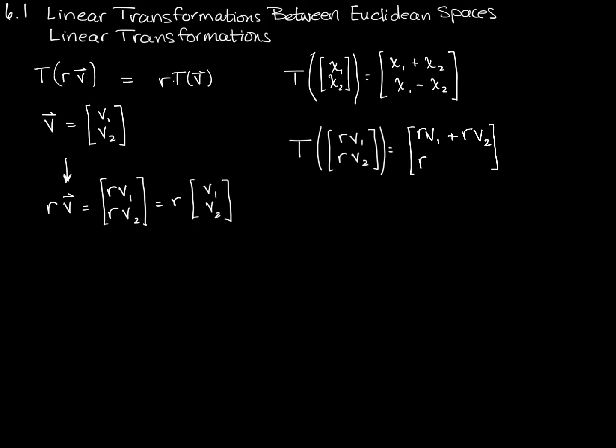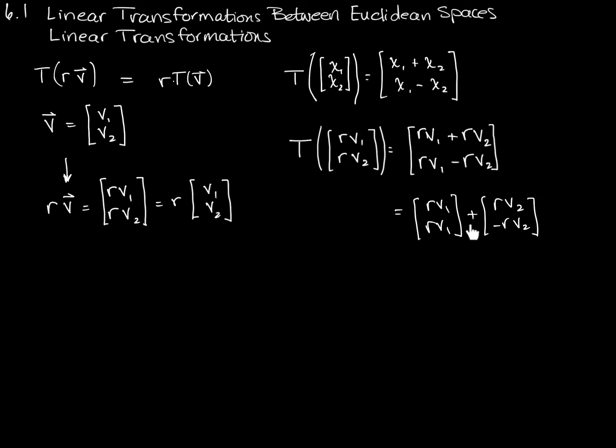And then I'll have RV1 minus RV2. Now, if I went on and did what I had done in the previous screen, I would write this as RV1 plus RV2 negative RV2, but I'm not trying to show additivity here.